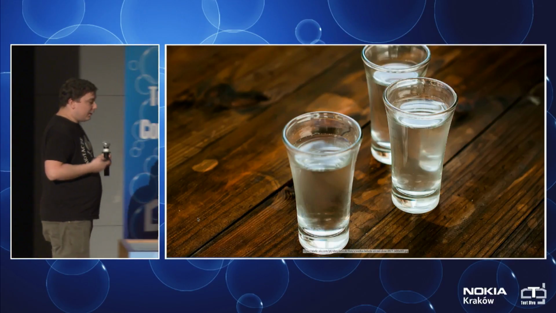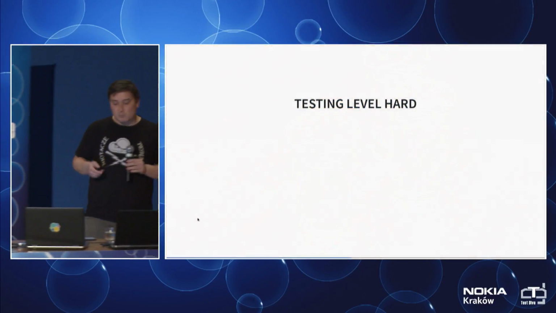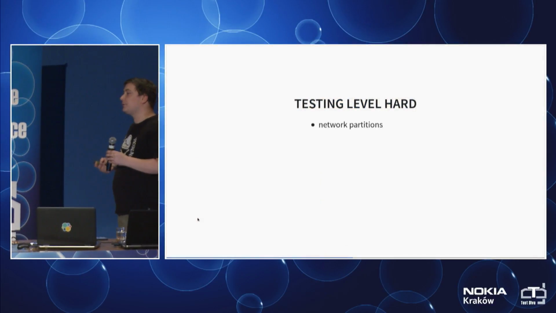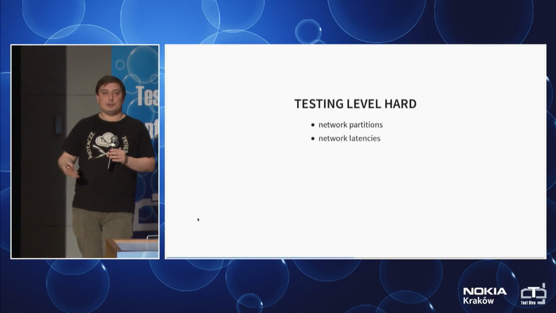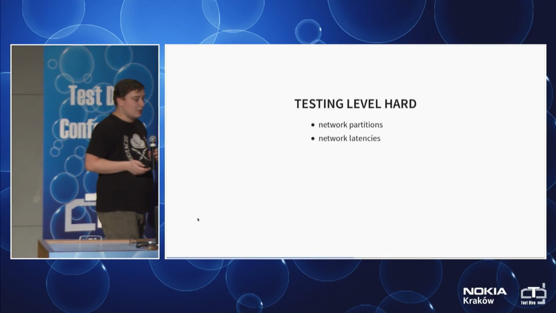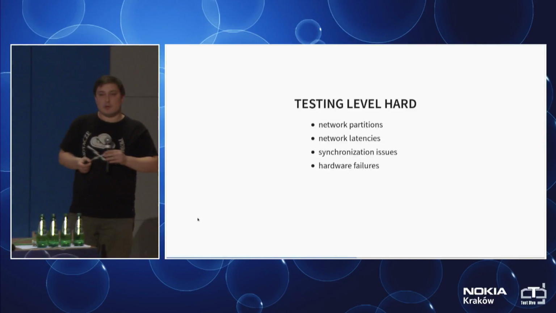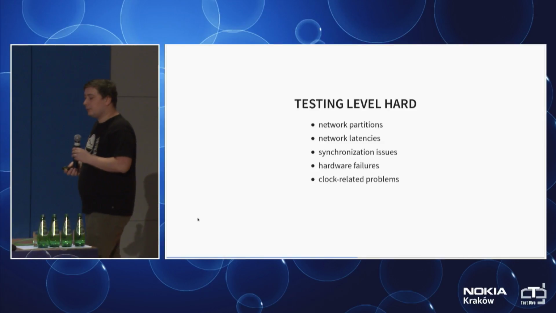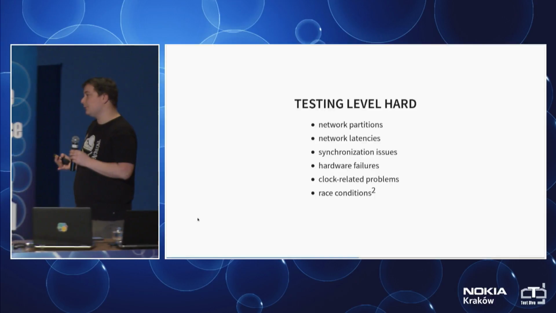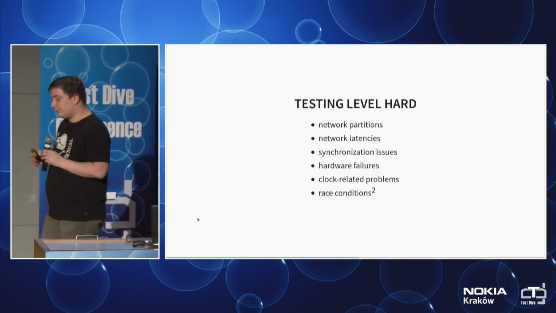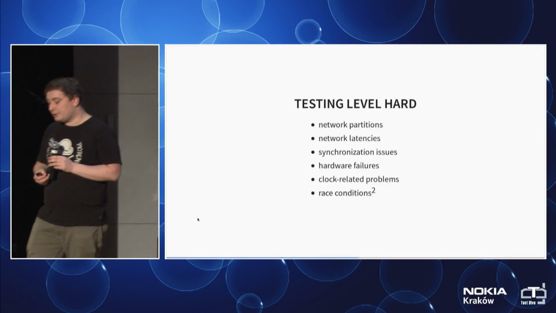And this is why testing those applications is also very hard. You can observe network partitions, you can have unexpected network latencies, and you need to test all this. You can also have things like synchronization issues. There might be a problem with the hardware, and also some problems with clocks. And eventually, if you have race conditions, then you're going to see a lot of them when the application is distributed.